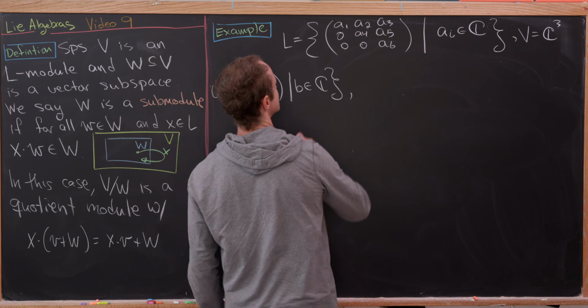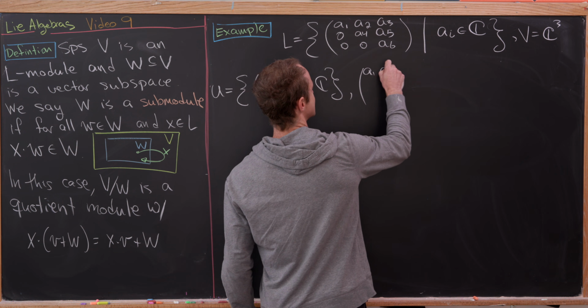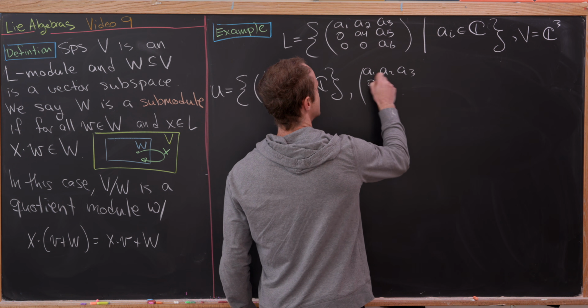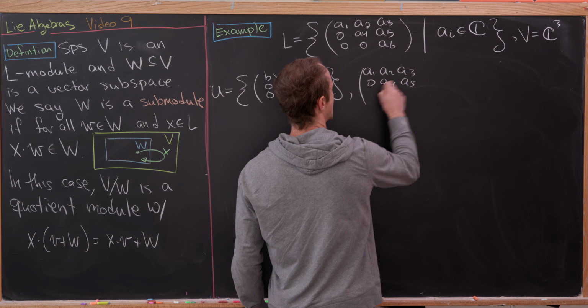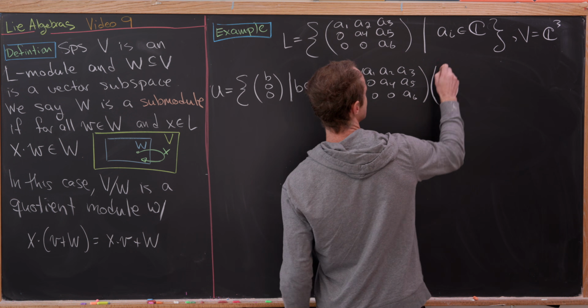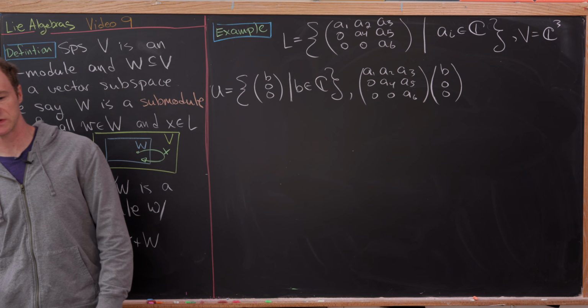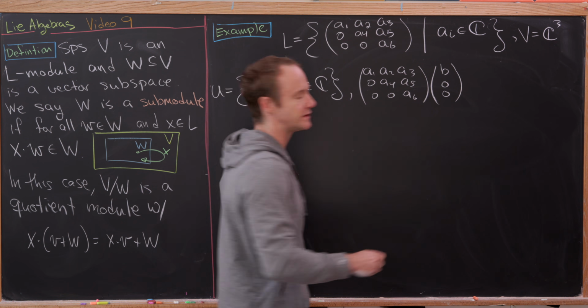And now let's notice that if we take any element of L, which I'll just write as (A1, A2, A3; 0, A4, A5; 0, 0, A6), and we multiply it into any element of U, which is of the form (B, 0, 0), well, what do we get?